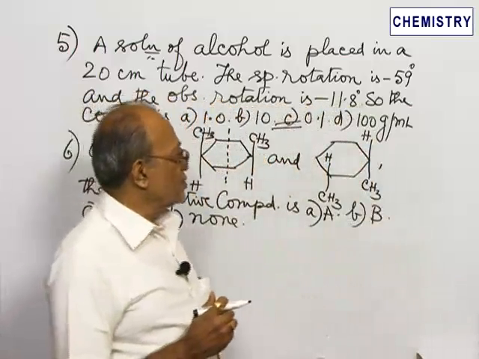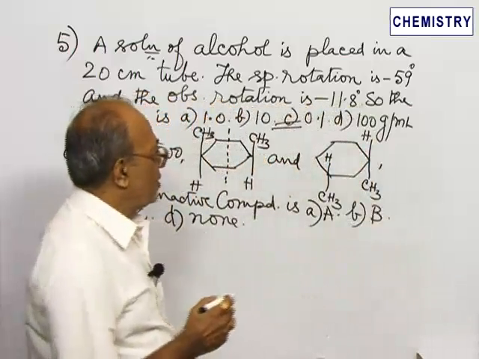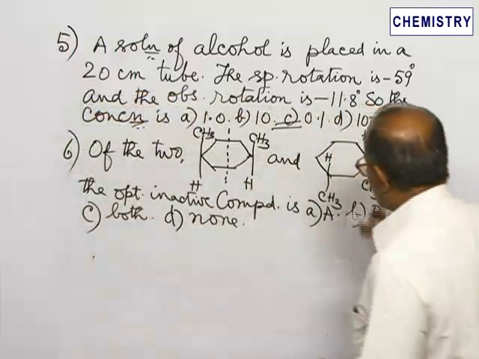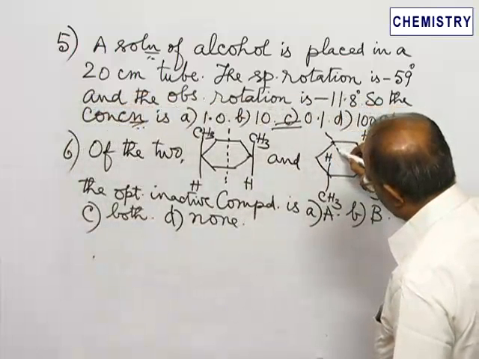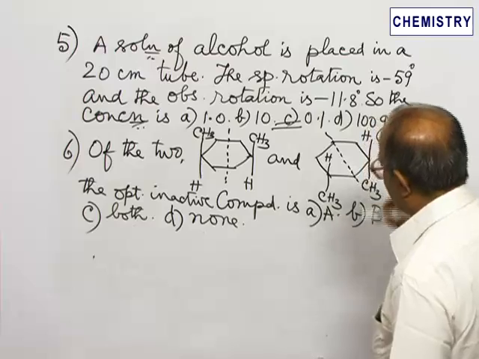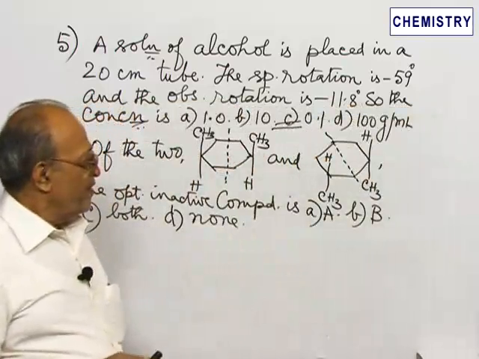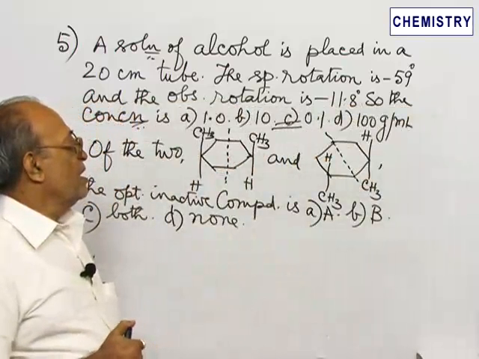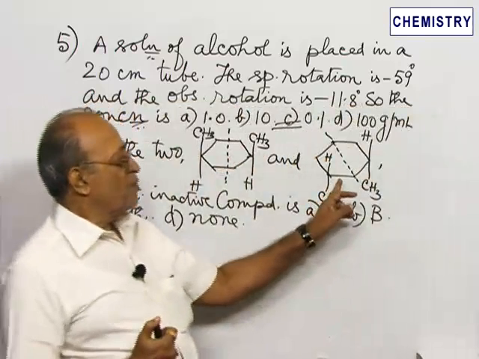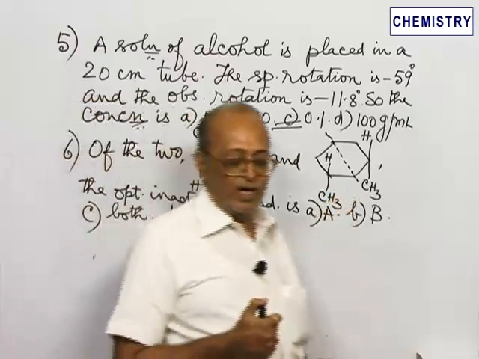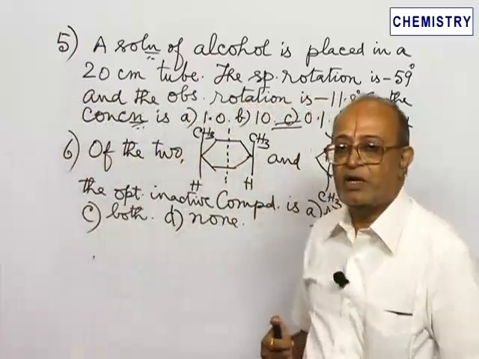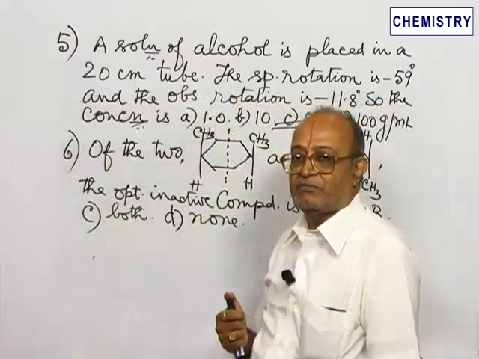1,3-dimethyl, this is also cis. And here you can notice there is also a plane of symmetry. And so this 1,3-dimethyl cyclohexane will also be optically inactive.